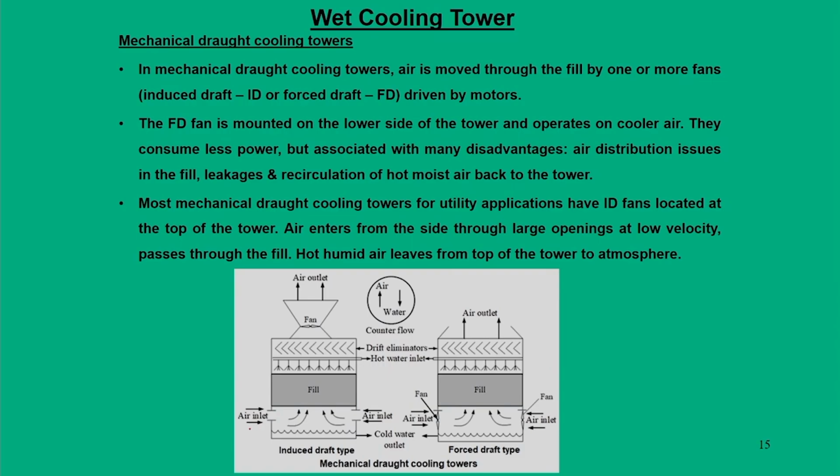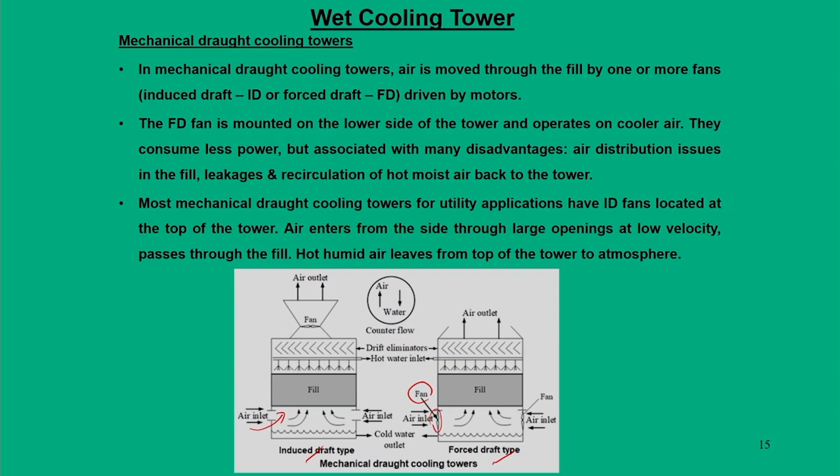Normally air enters from the bottom, as shown in this figure. So, it can be either a forced draft type or an induced draft type. In a forced draft type, we introduce a fan at the entry of the air inlet. So, we are forcing the air to enter into this tower, and at the outlet the hot air goes on its own because it is already hot and its density is less.